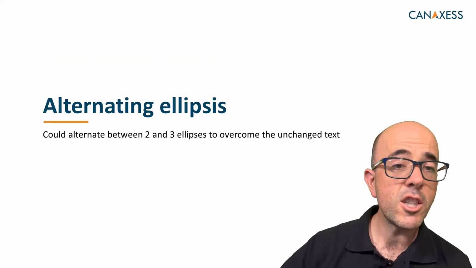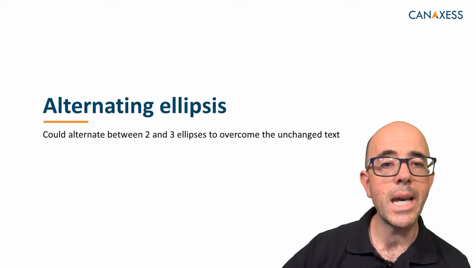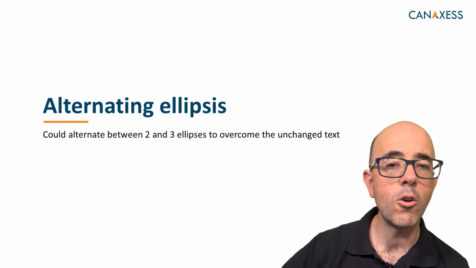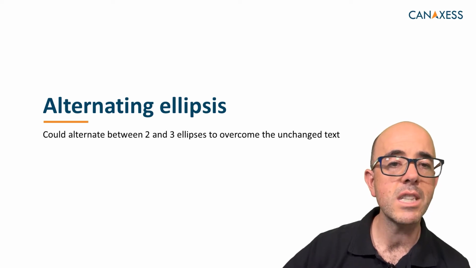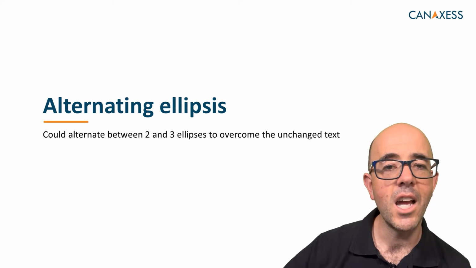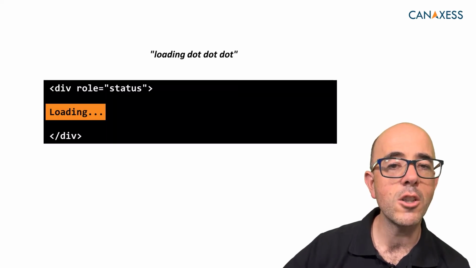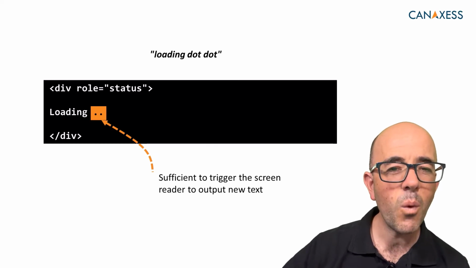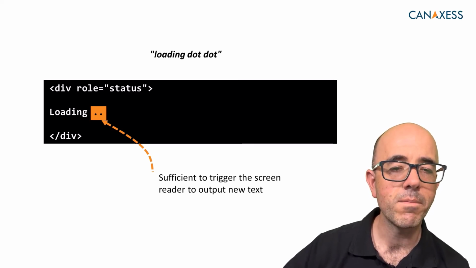We could use ellipsis and alternate between 2 and 3 ellipses. This is enough to trigger the audible change, but the user experience is not great. Along with the text loading, the user also hears the ellipsis read out for the two ellipses. It works, but it's a bit clunky.